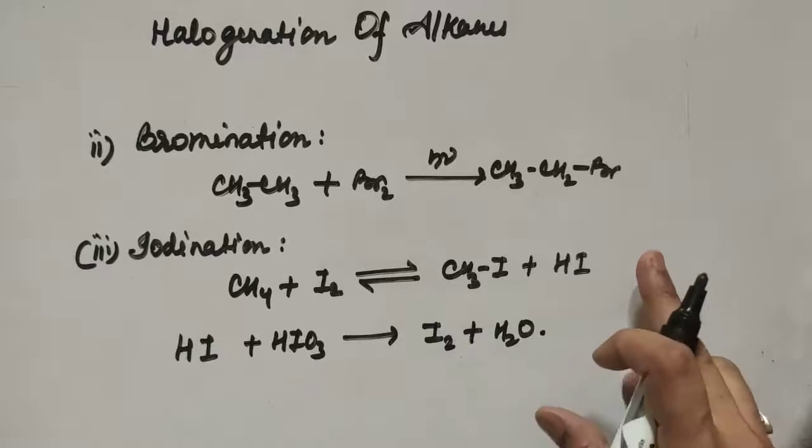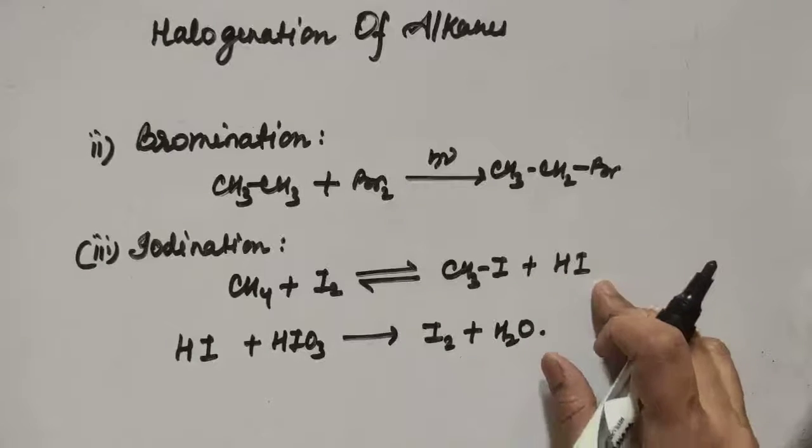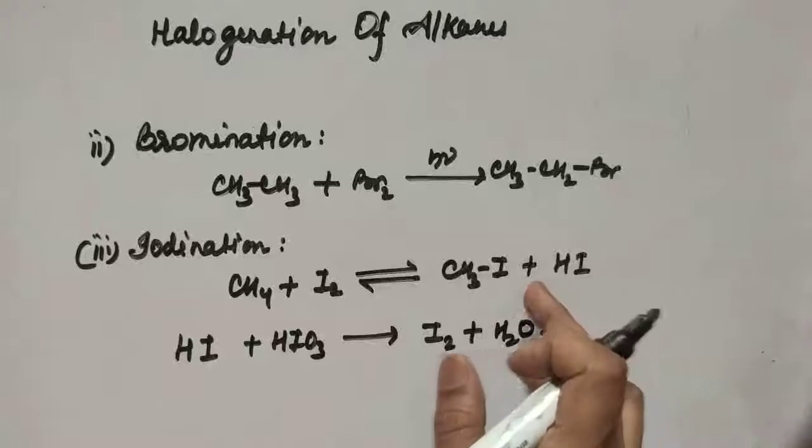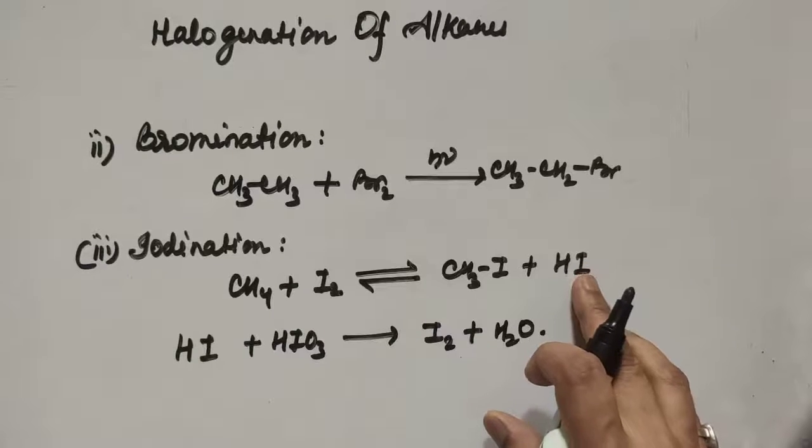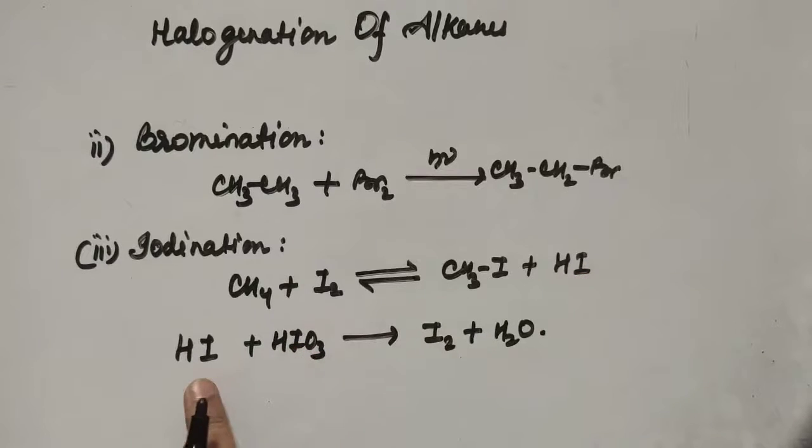Since HI is not present in the product side, the reaction becomes irreversible. After HI is formed, it reacts with HIO3, and this cannot be reversed. It becomes a one-sided reaction. Understood?